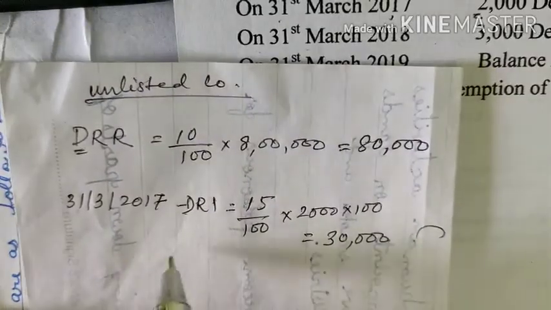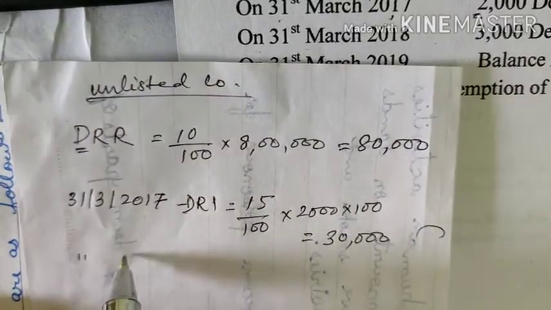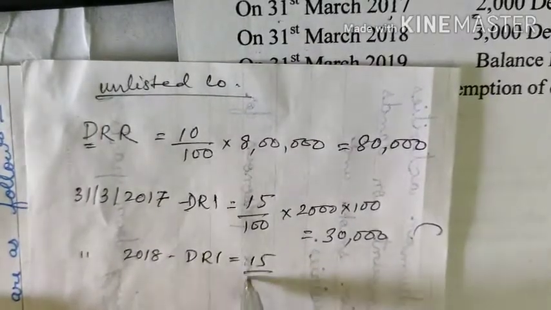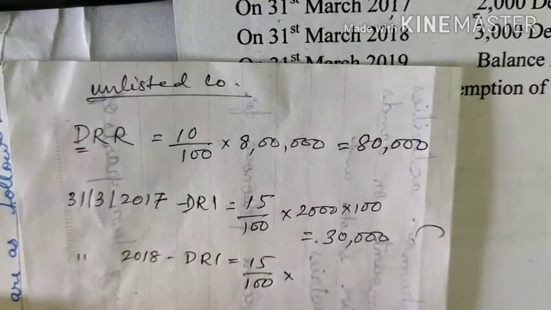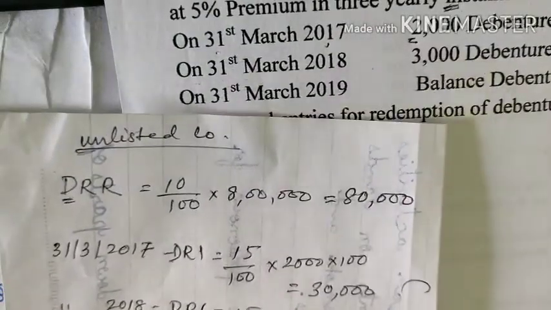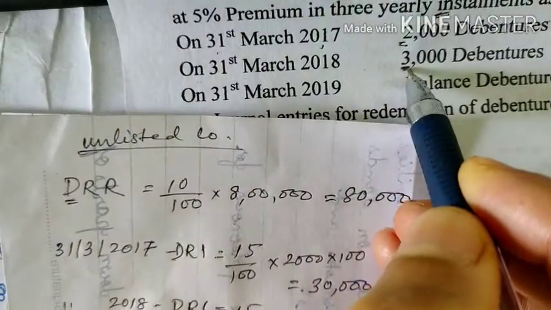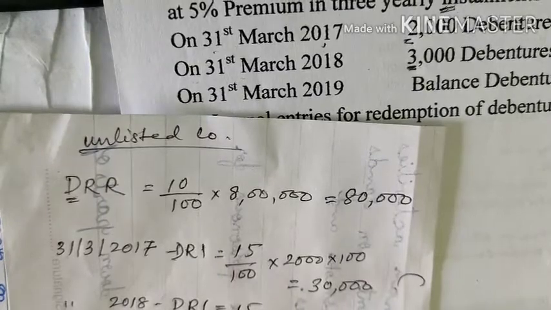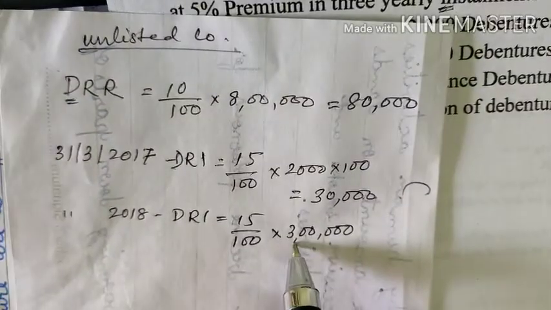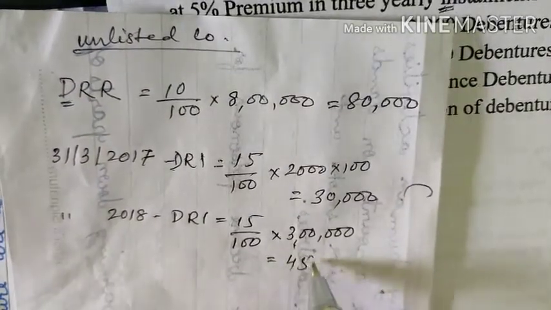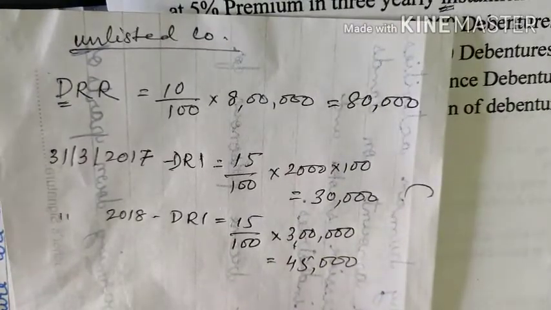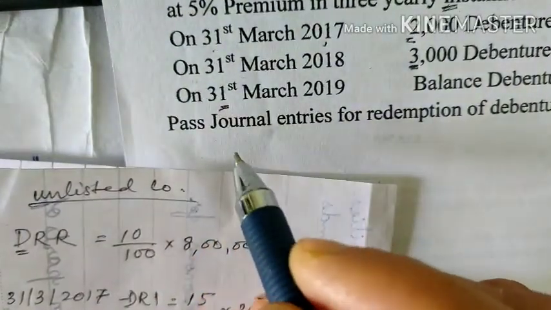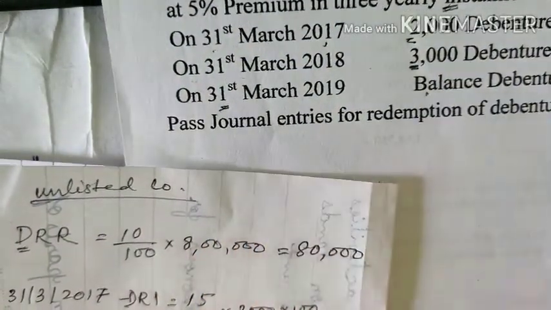Now we'll have DRI for 31st March 2018. DRI, again, will be 15% of the amount redeemed in the year 2018, which is 3,000 debentures. So 3,000 into 100 is 3 lakhs, so 15% of 3 lakhs will give you 45,000. Then I think we have one more redemption on 31st March 2019, the balance debentures.